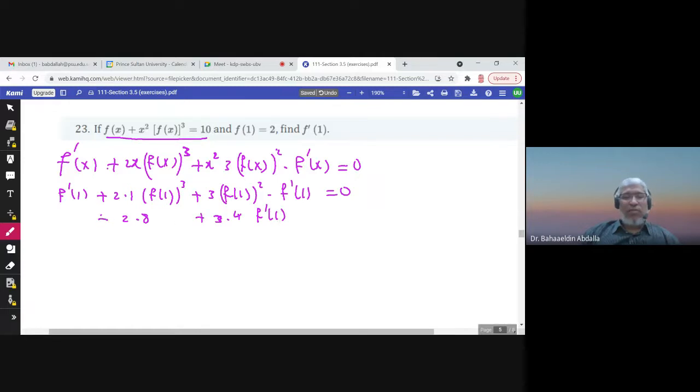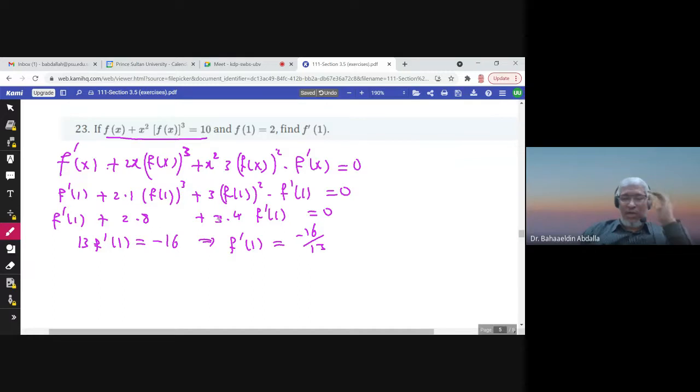So this is 3 times 4, 12. 12 f prime of 1 plus f prime of 1, so I have 13 f prime of 1 plus 2 times 8, 16. I can take 16 to the other side, so f prime of 1 is negative 16 over 13.